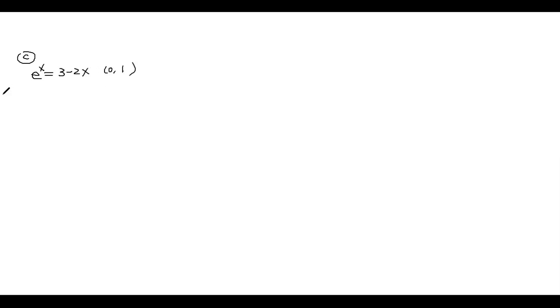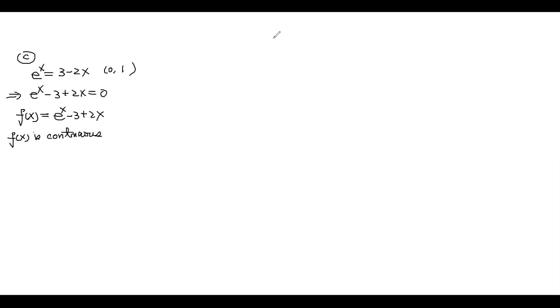The same way, I can say e^x - 3 + 2x equals 0. So I can set f(x) = e^x - 3 + 2x. I know f(x) is continuous.